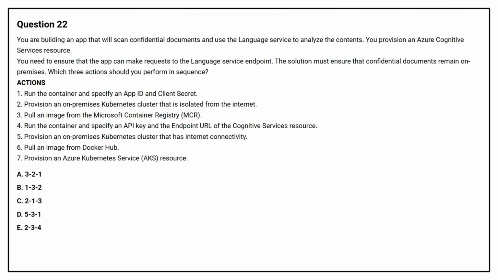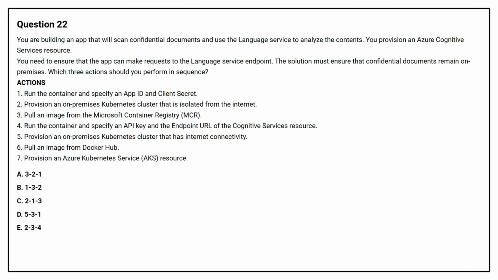1. Run the container and specify an app ID and client secret. 2. Provision an on-premises Kubernetes cluster that is isolated from the internet. 3. Pull an image from the Microsoft Container Registry, MCR. 4.